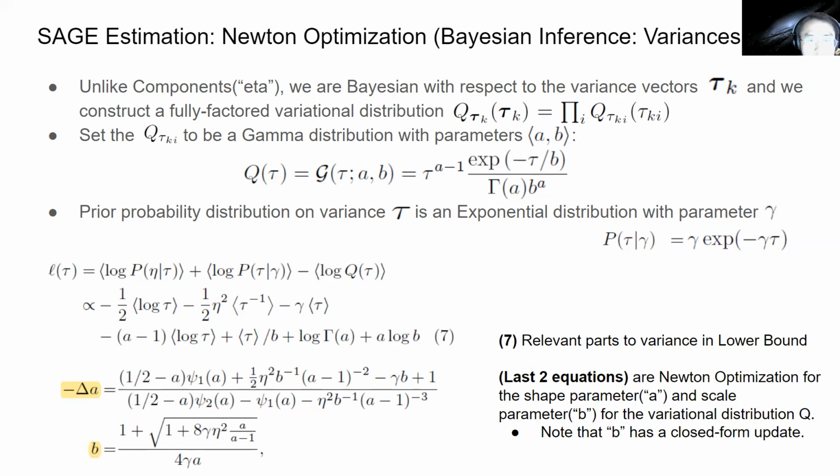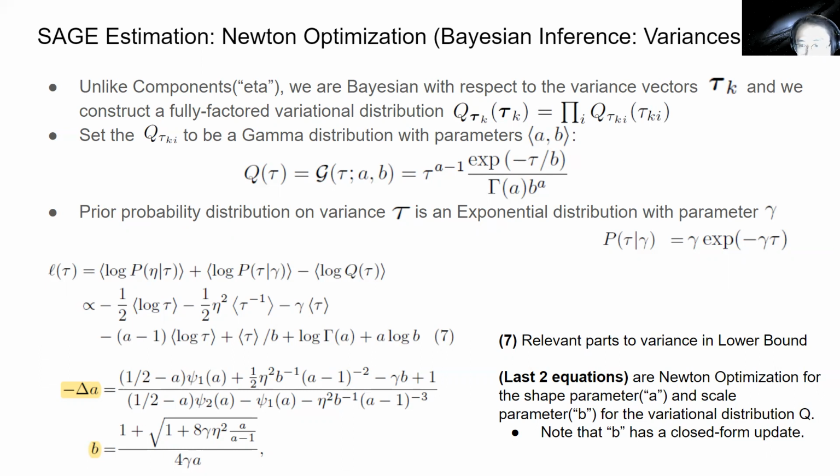Basically we are constructing a fully factored variational distribution, which we want to be as close as possible to the true probability distribution on the variance. Okay, so equation 7 here is now the relevant part to the variance of the component in the lower bound.